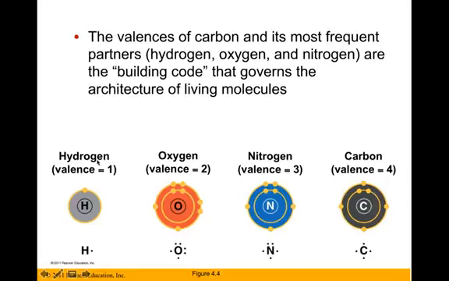Next concept before we go to the section where we are trying to understand what are organic molecules is the partners of carbon in organic molecules. The most frequent partners of carbon are hydrogen, oxygen, nitrogen. Organic molecules definitely contain carbon, and on top of that, they also should contain hydrogen.